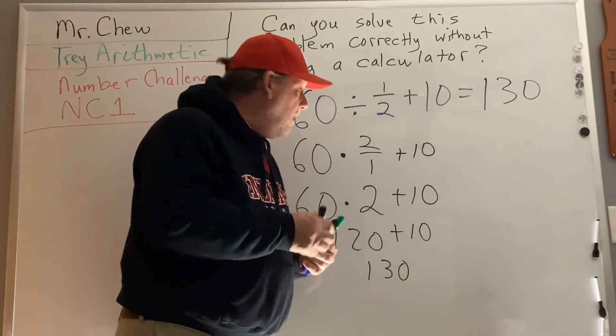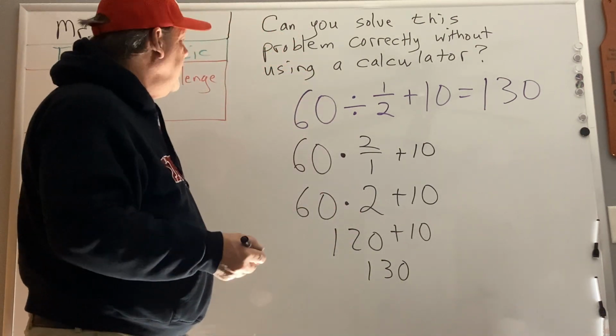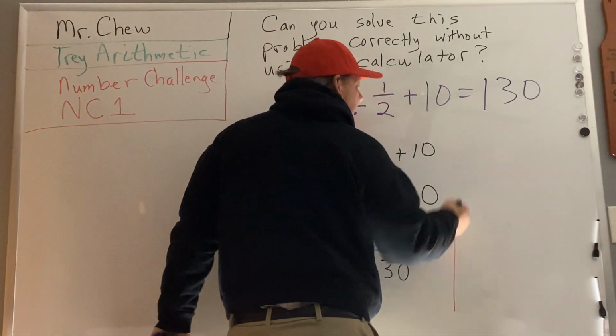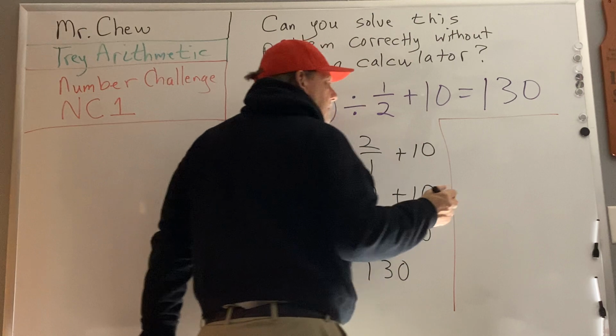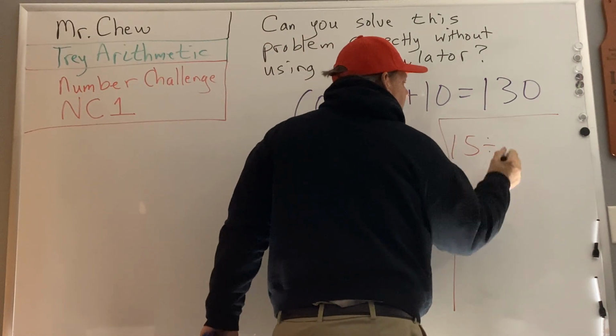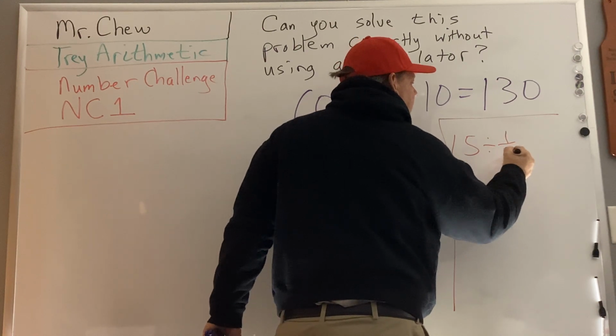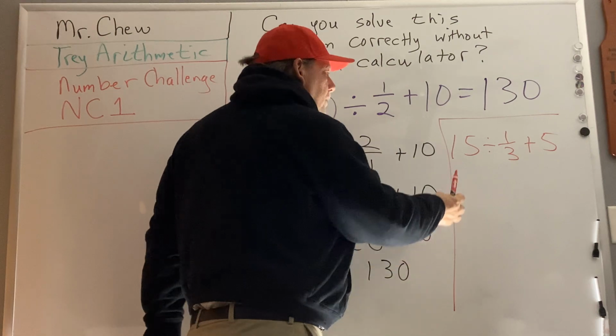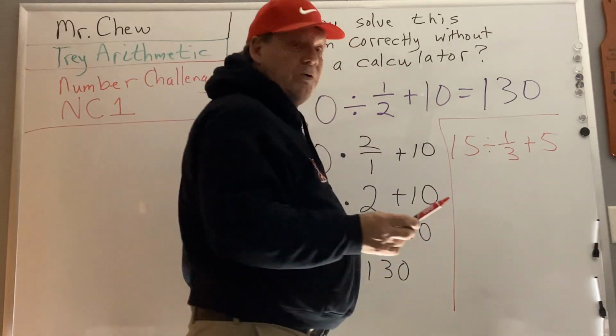So before I move on, let's write another one down. So if I have 15 divided by 1/3 plus 5, I wouldn't take 15 and divide it by 3.